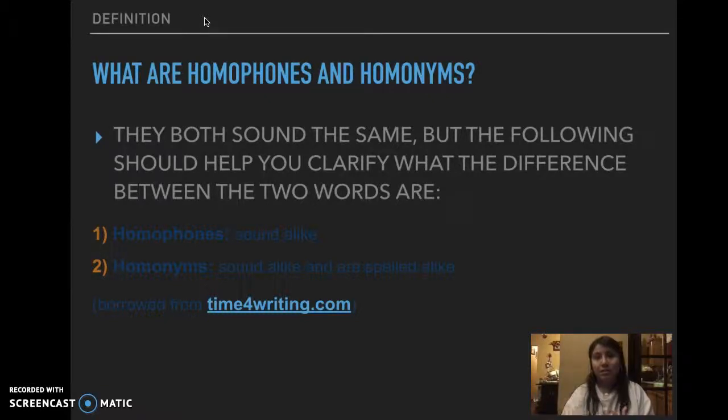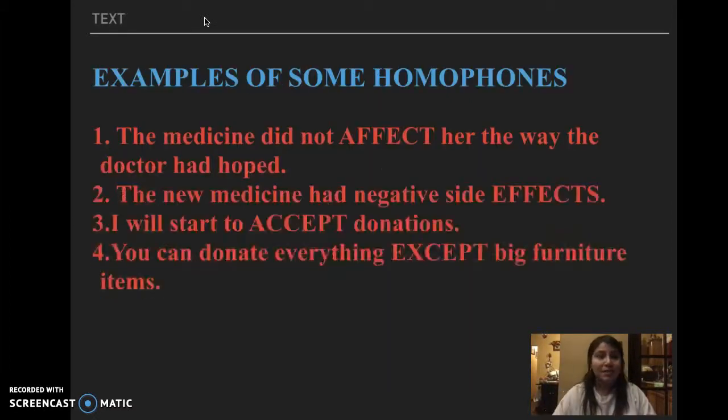But in this case, for example, bear could mean the actual animal, or I can't bear the feeling of the sound of a fork screeching on a plate, because I really can't bear the feeling of that. It really hurts my ears. So I think most of the time homonyms are the most challenging. In my following slides, I'm going to show examples of homophones and homonyms. So let's go on to the next slide.